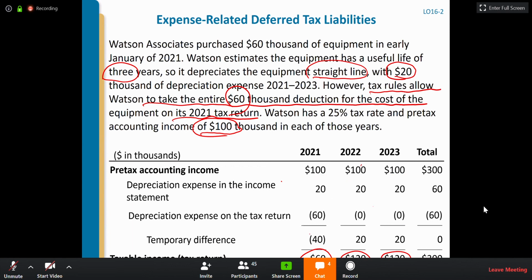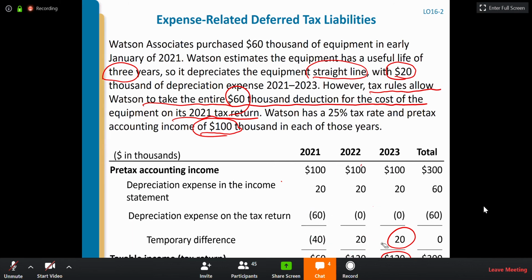We try to figure out the differences between accounting and tax. The difference for 2021 is -40, because in accounting we only recognize depreciation expense of 20, but in tax we deduct 60. Tax deducts 40 more. Then accounting income is 100, so taxable income should be 100 minus 40, which is 60.